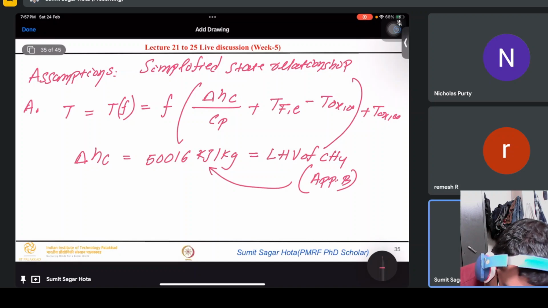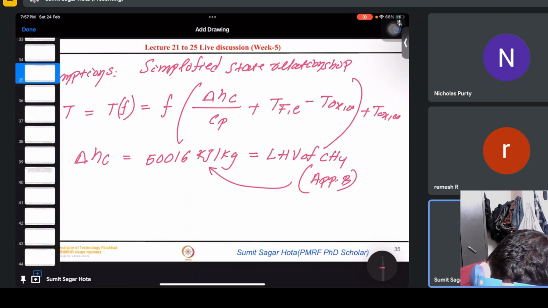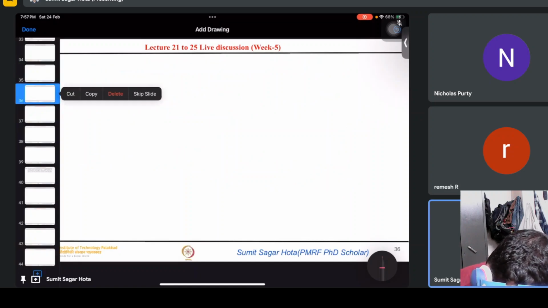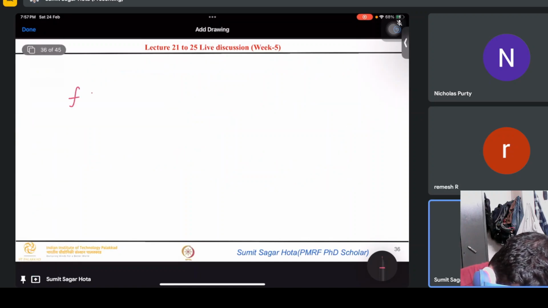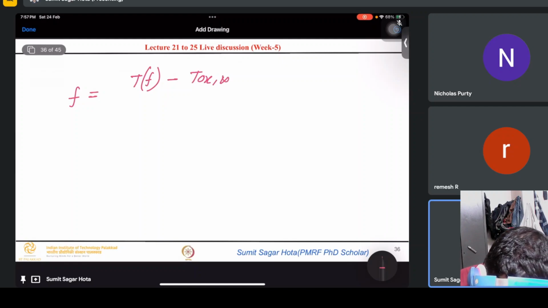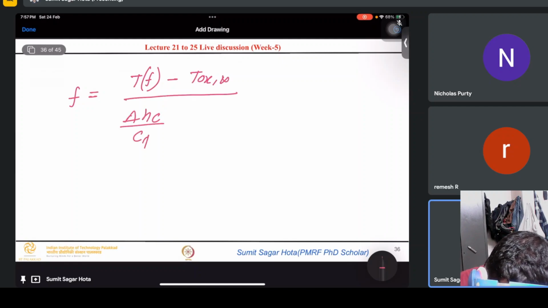What we do is rearrange and find out small f: f equals T of f minus T oxidizer infinity, times Cp divided by delta H.